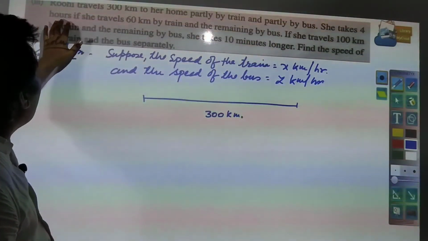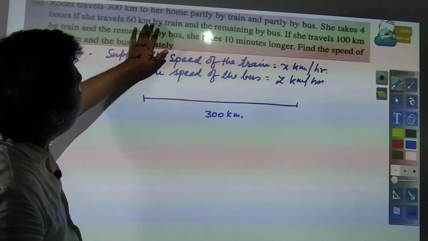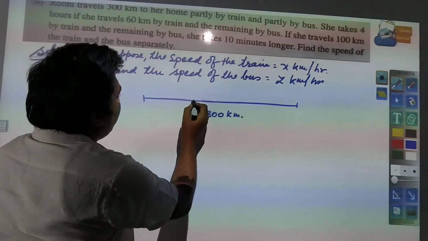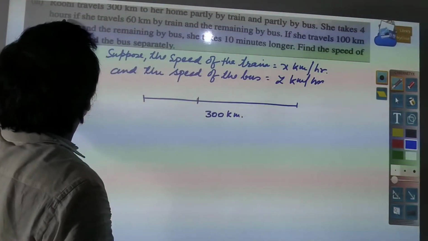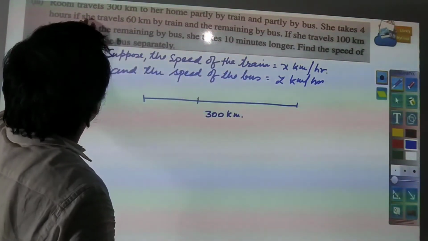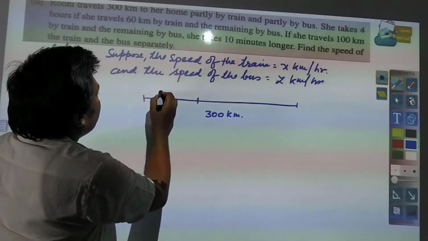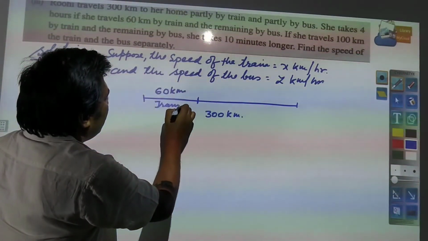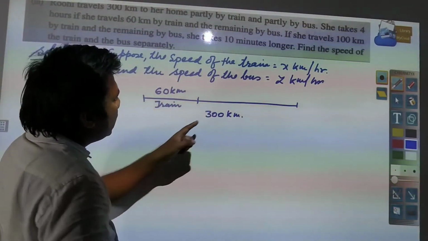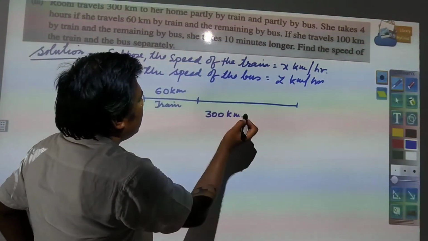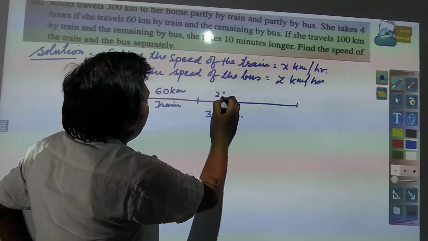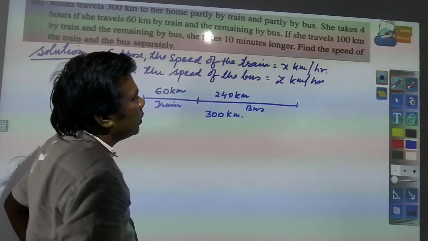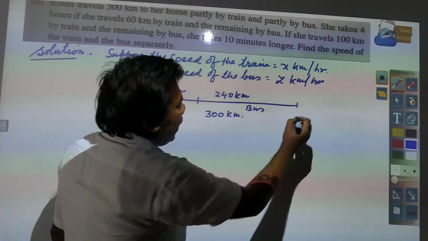She takes 4 hours if she travels 60 kilometers by train and the remaining by bus. 60 kilometers she is traveling by train. So remaining distance will be how much? 300 minus 60, it means 240. So 240 kilometers she is traveling by bus.